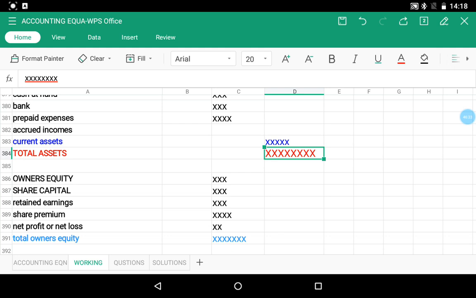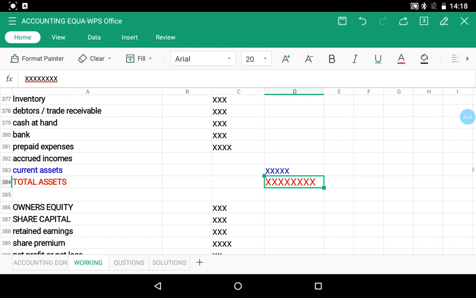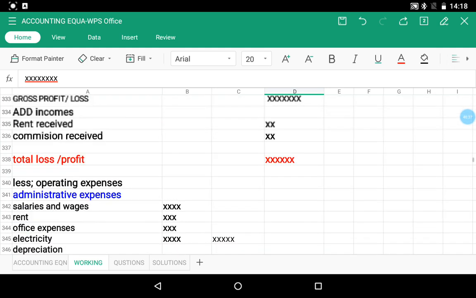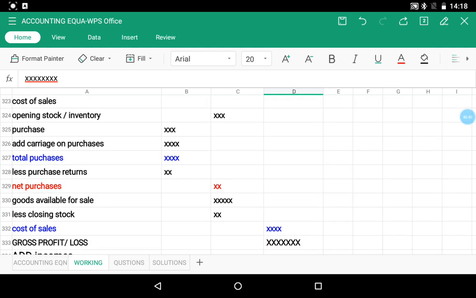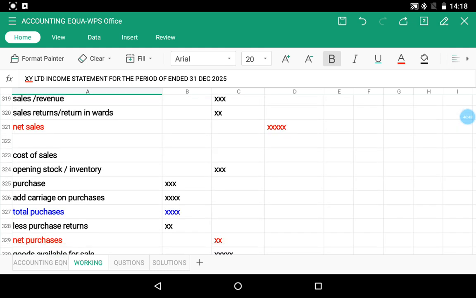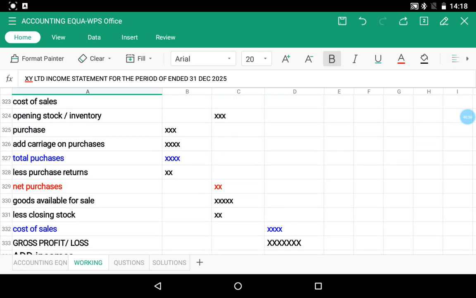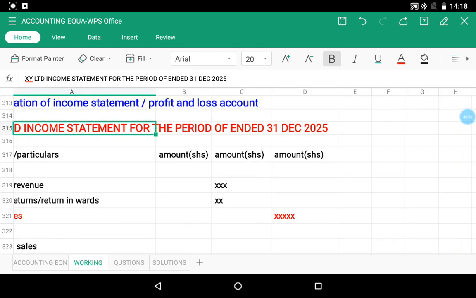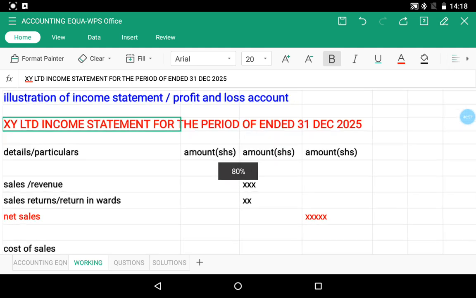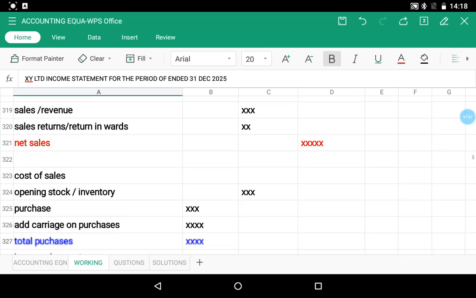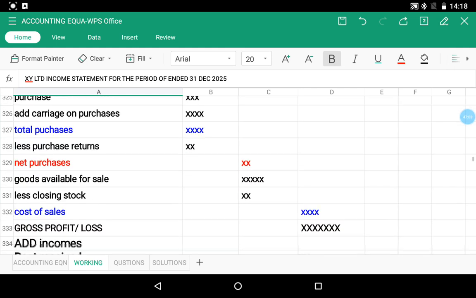So those are our illustrations. The first one, we have looked at the illustration of the income statement or trading and profit and loss account, where we have said this one, our income, helps us to get net profit or net loss.